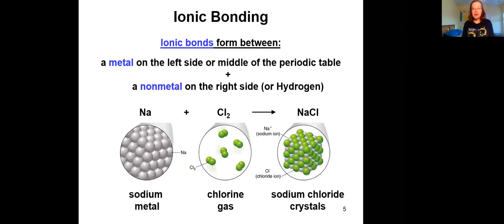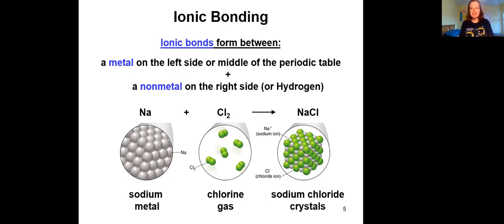And here we have an example where sodium's an element in group 1A, all the way at the left, he's a metal, and chlorine is an element way over on the right in group 7A. So with group 7A and 1A coming together, they will form an ionic bond, an ionic crystal.